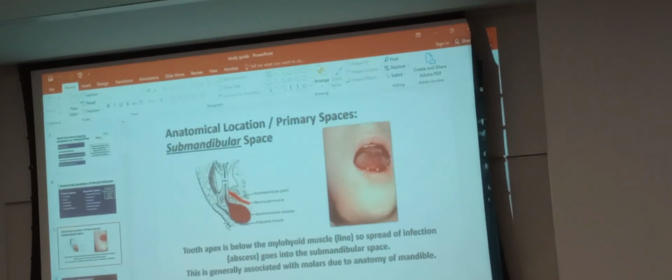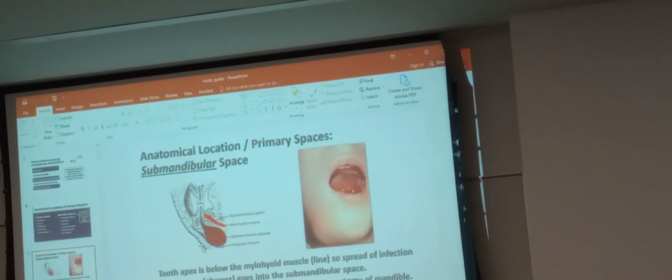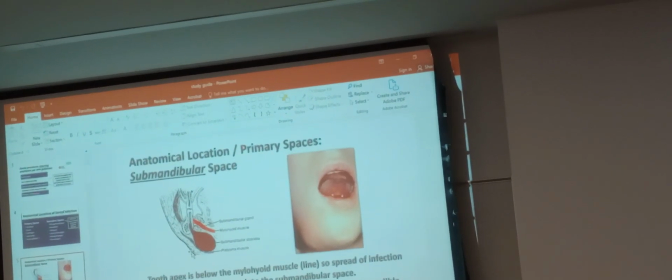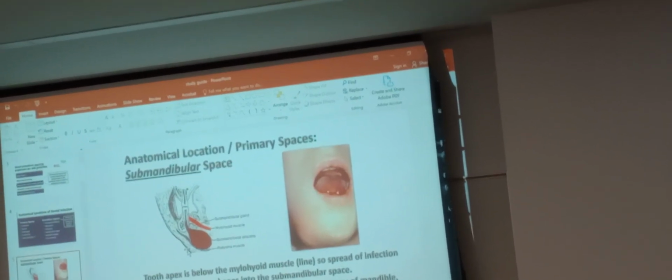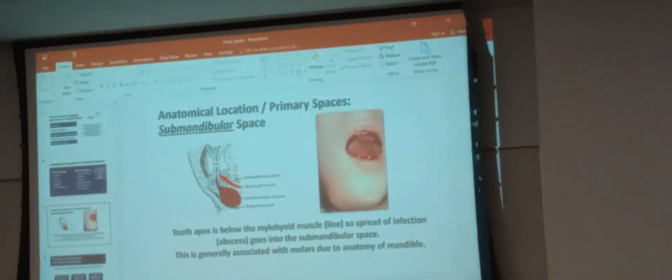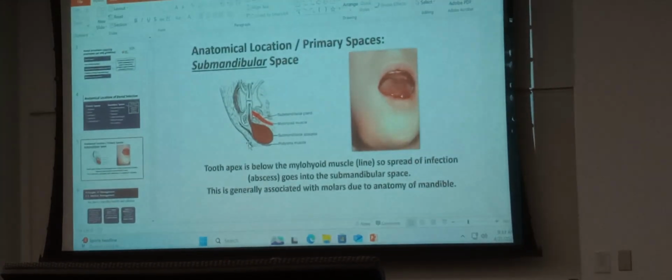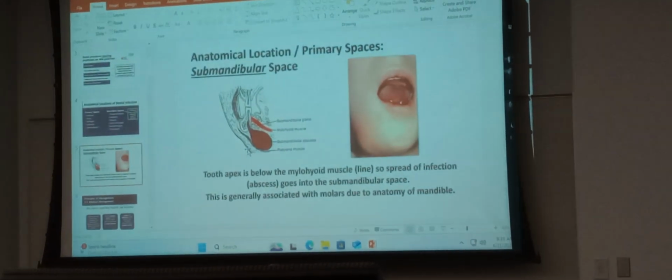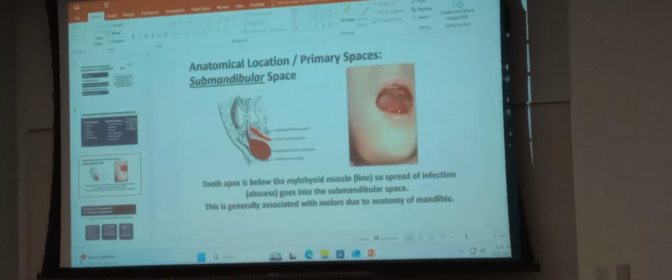The mylohyoid line, the muscle there: if the roots are below it, the infection is going to go to the submandibular space. That's really important, and I think it's important clinically to know, because that's when the infections start getting through the deep fascial spaces of the neck and spread. So knowing the mandibular molars is important for that.